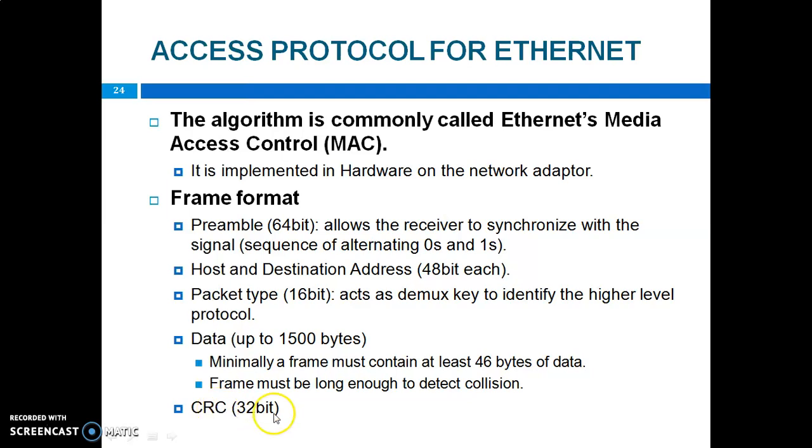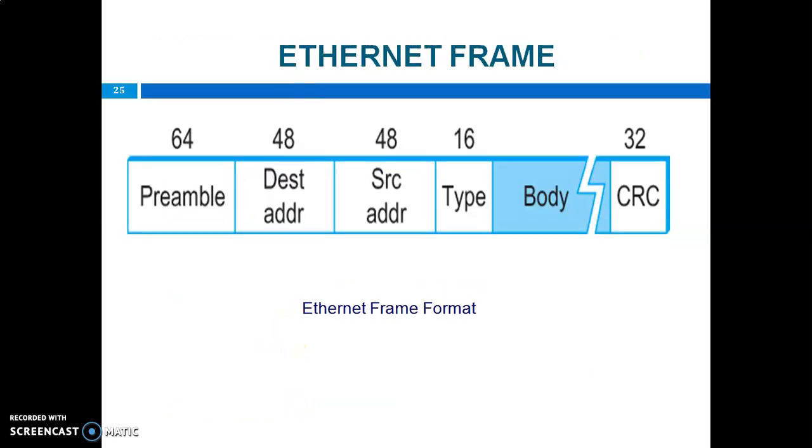And the CRC, we know, is a cyclic redundancy check. The limitation is 32 bits, right? This is the format. You are not supposed to change the order or change the bits allocated for each part. Once again, this is the Ethernet frame format.